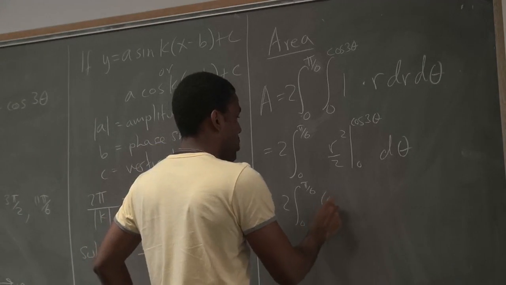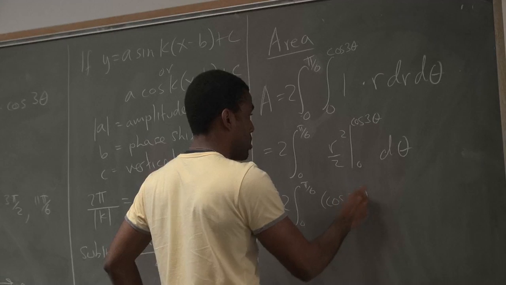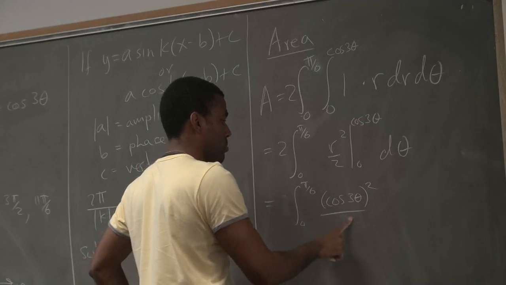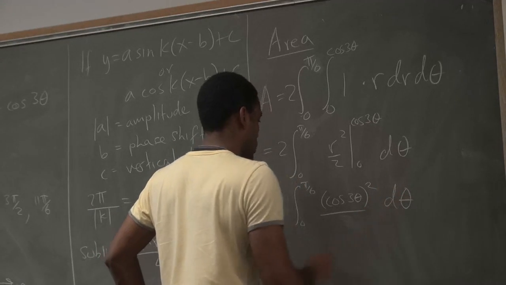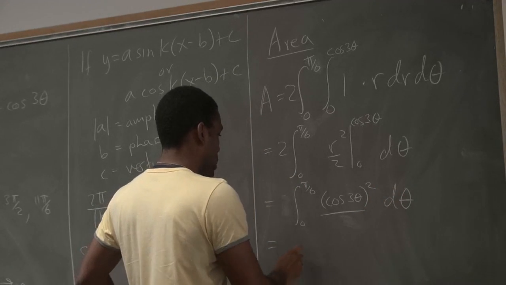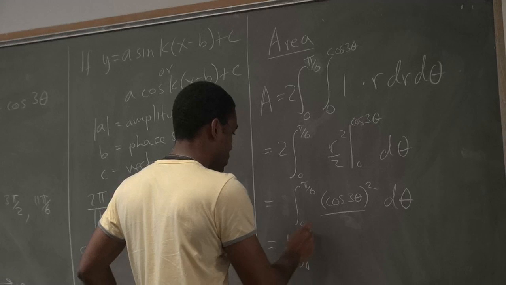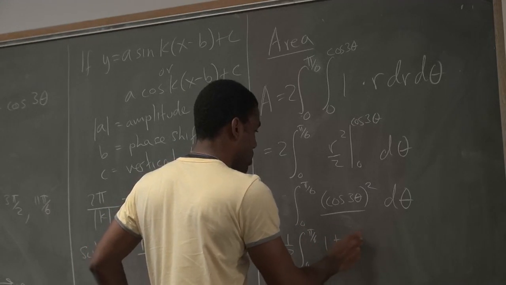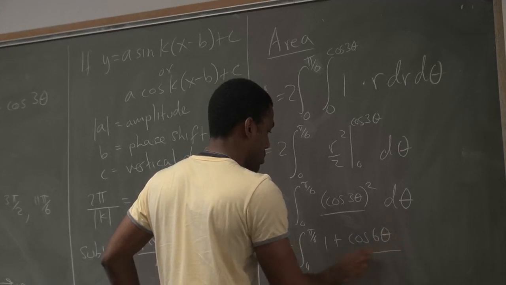then I would have cosine squared 3 theta over 2, which would kill this. And then that's just 1/2 times 1 plus cosine 6 theta.